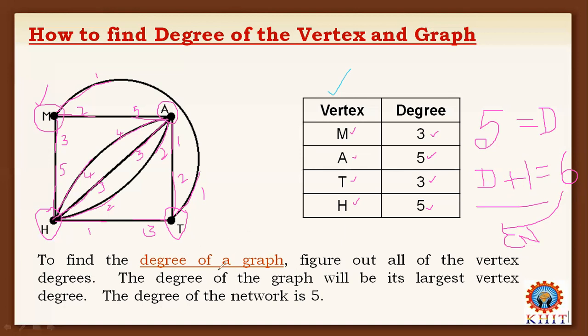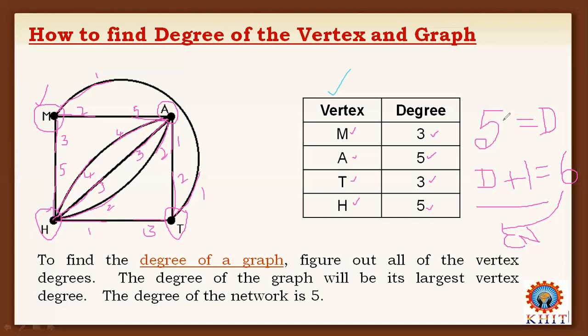So to find the degree of the graph, figure out all the vertex degrees. I have figured out the 4 vertices. The degree of the graph will be its largest vertex degree. Hence, the largest vertex degree is 5.